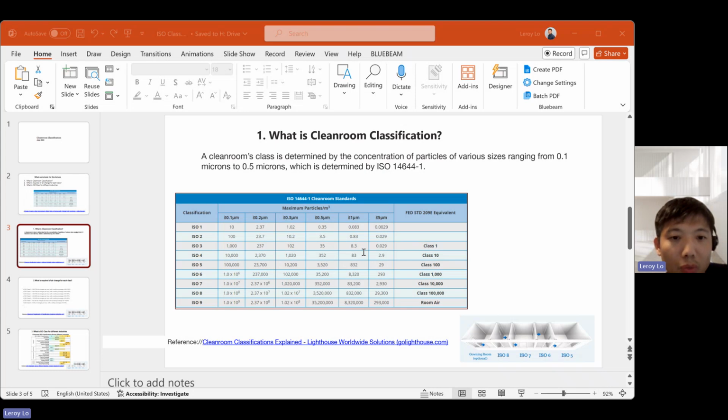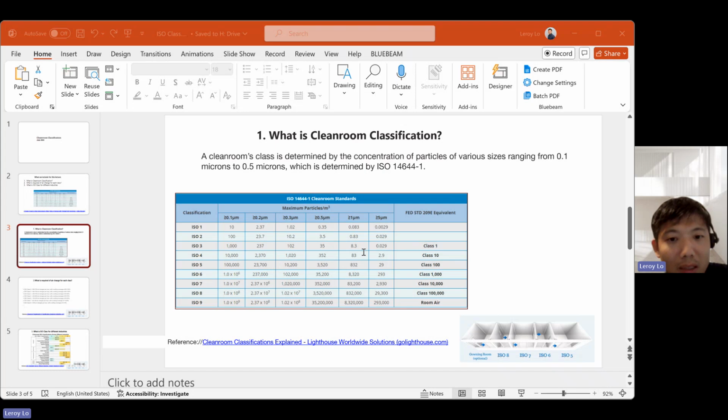The most interesting thing is that there are different ways you can save money at the higher ISO levels, like ISO 7 or 8. You can use a lot of epoxy paint, and sometimes there are tips.